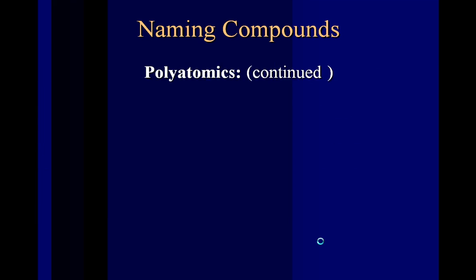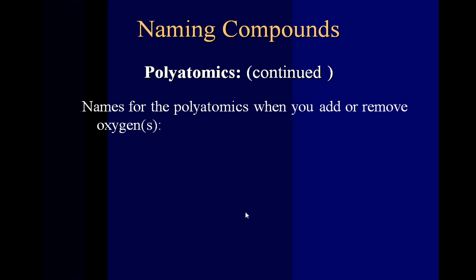Do it. All right. Names of the polyatomics when you add or remove an oxygen. This one isn't as critical to know. Knowing the 10 is very important. However, it would be a benefit to know that if I remove one oxygen from the polyatomic, and there's only a few polyatomics that will do this too.